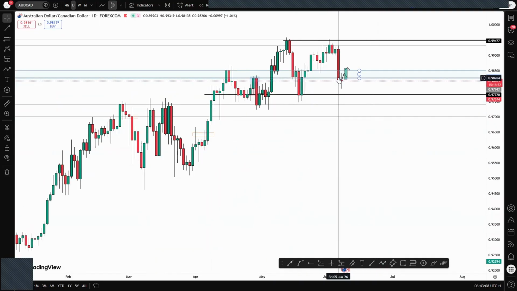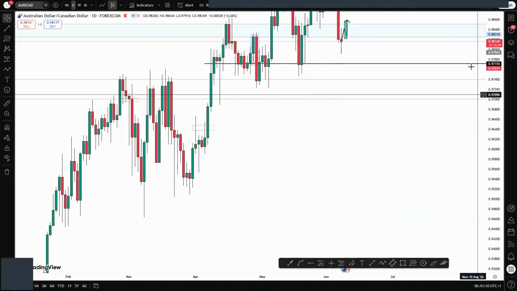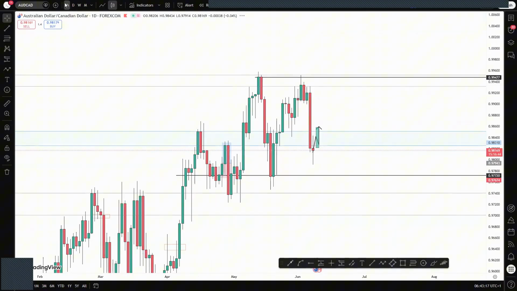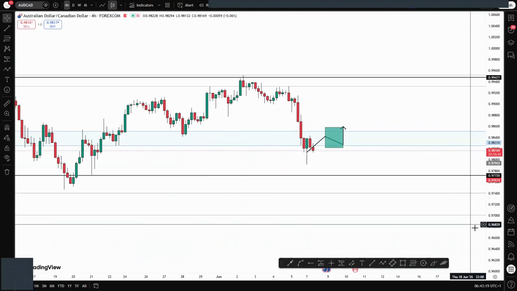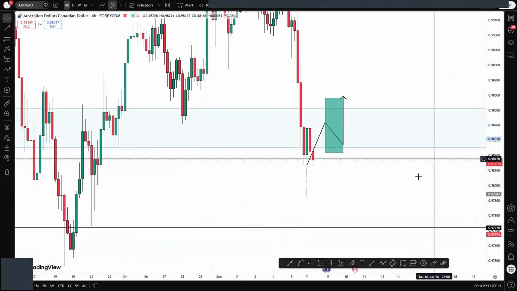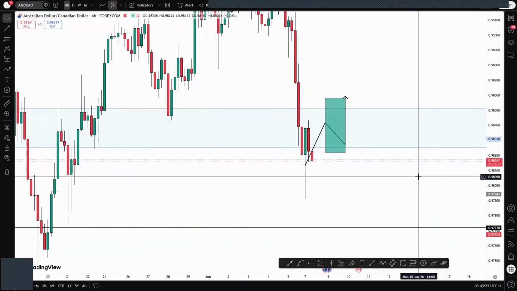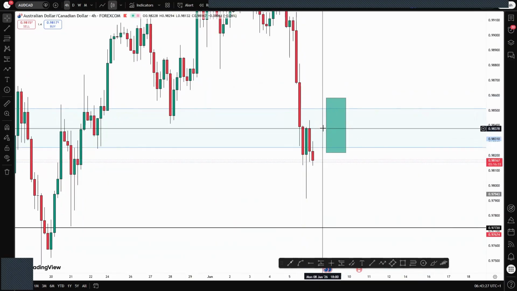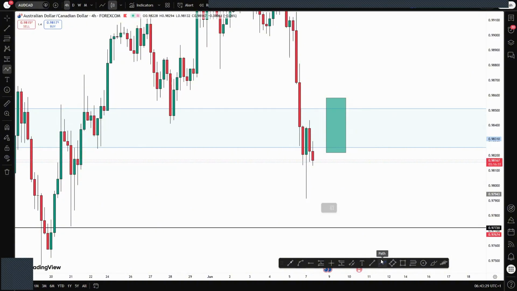AUD card, I like that indecision candle going on so far. It's a nice retest. I like to see that the daily is likely to make a very nice lower high and a new lower low here.